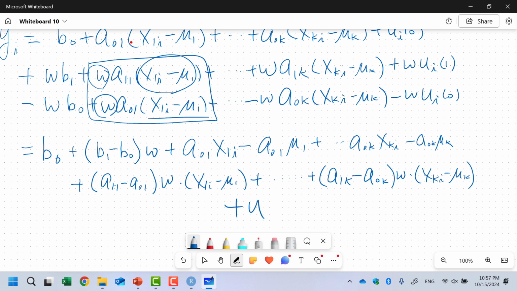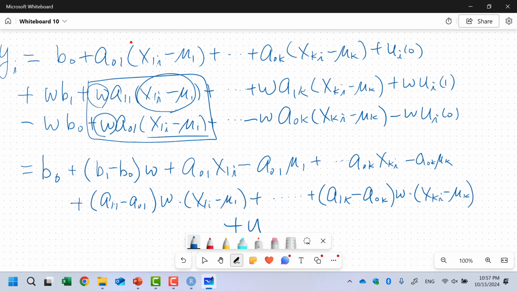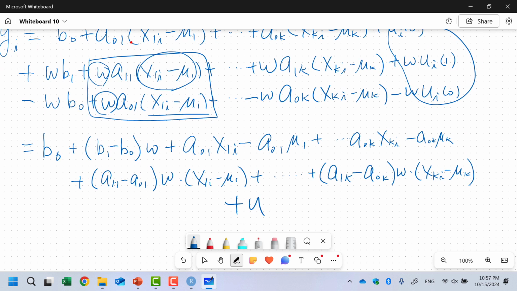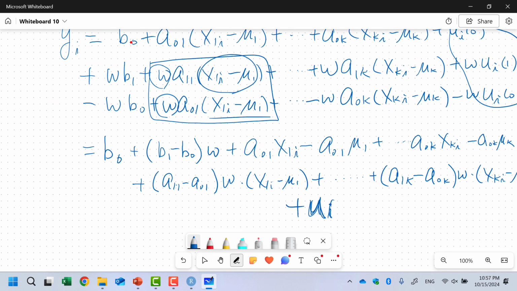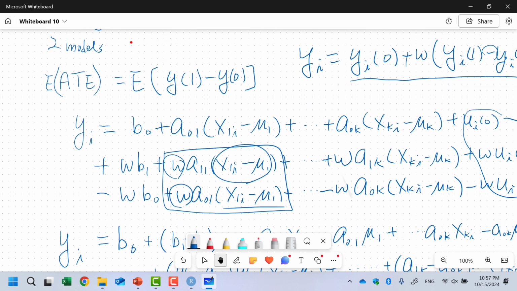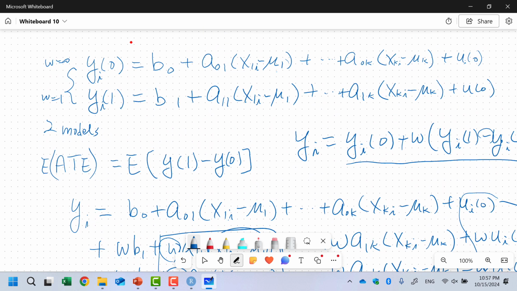Actually the u is an error term, so we assume that this is the error term, even though this has w and so on. So altogether you can just use it like a ui, right? So basically this is also a regression. What we are interested in here is the expectation of the difference, right?